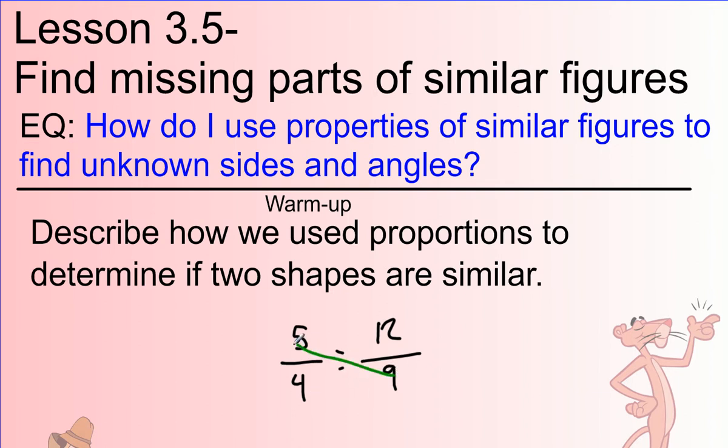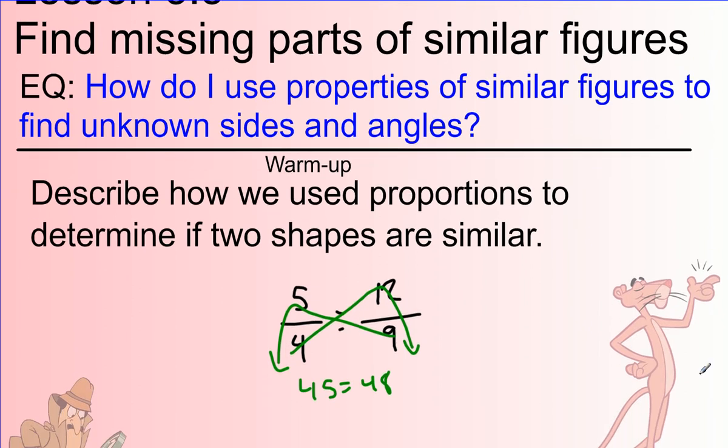We would take 9 times 5 is 45. 4 times 12 is 48. So no, those two shapes were not similar because when we cross-multiplied, we did not get the same number. We should have got 48 equals 48 or 45 equals 45. So those are not similar.